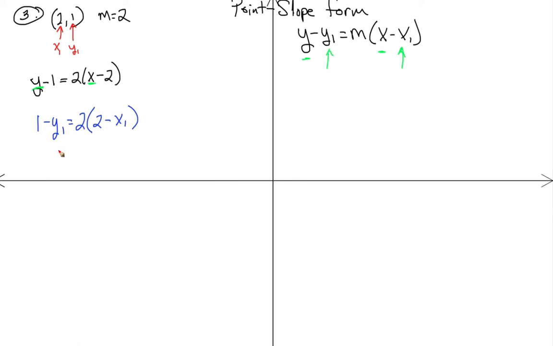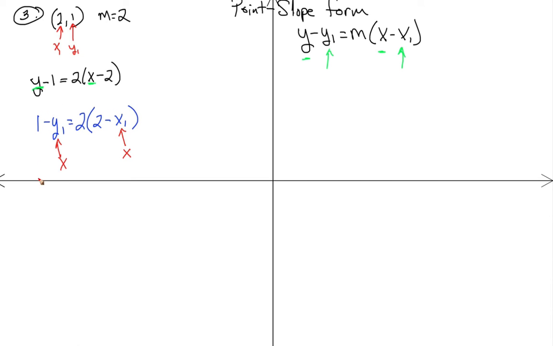Because if this is my final equation, I have 2 things that are wrong. Number 1, I still have my y sub 1 and I still have my x sub 1, and you don't want that. These are the variables that you're supposed to replace.